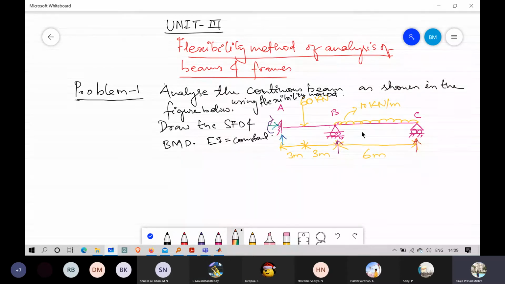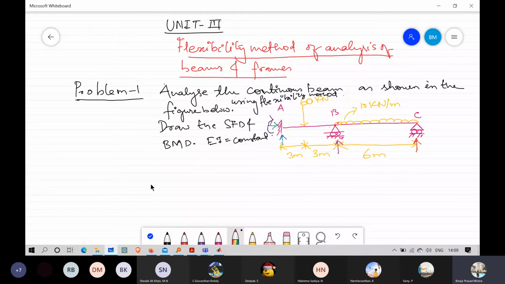So 3, and 3, 4, 5. So 5 minus 3 is 2, right? The degree of static indeterminacy is 2.